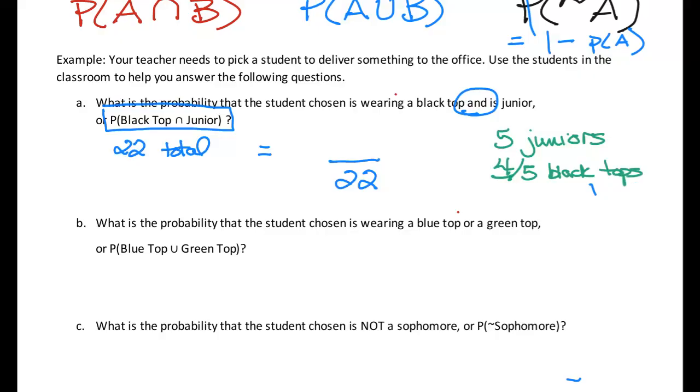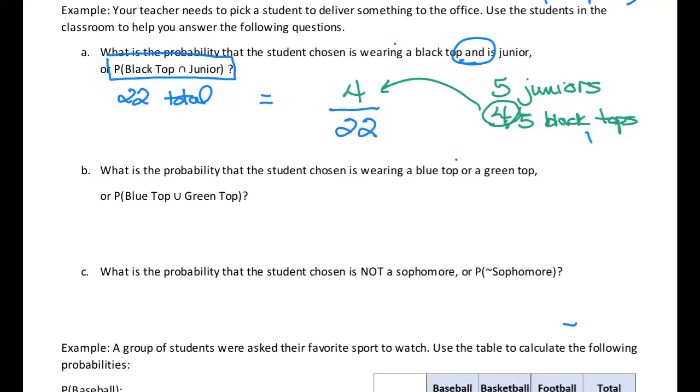So that means this 4 is going to go over here. So it's going to be 4 out of 22, because we had to have both of those things happening at the same time. Okay? Any questions about that one?